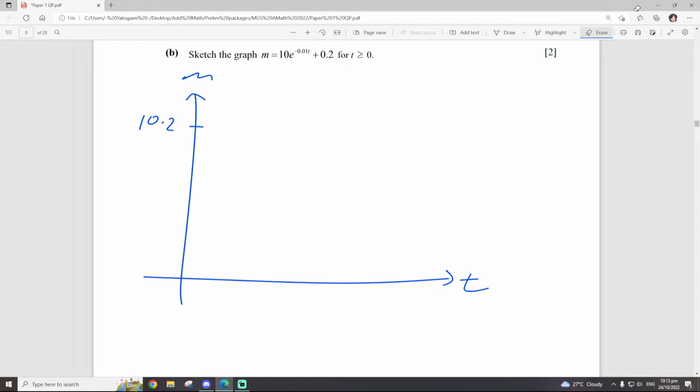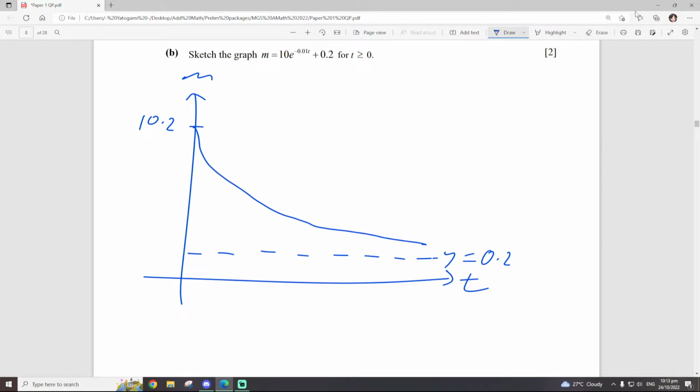It's an exponential curve, but it's going downwards, and it's going to approach a certain line, but it will never meet this line. This is a horizontal asymptote of y equals... What happens as t goes to infinity? Well, this goes to 0, so this is 0.2. Okay, so it will look something like, no, that doesn't look right. The curve is concave upwards, but it will never touch the asymptote, right?